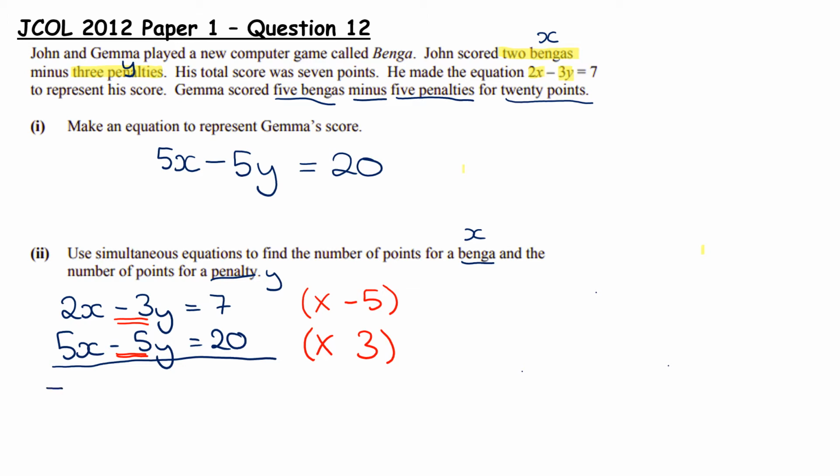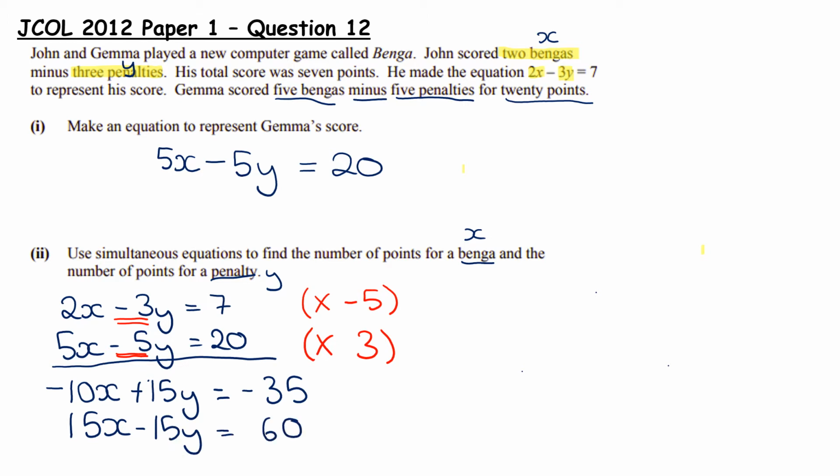So be careful with your multiplication. I get minus 10x, minus by minus is plus 15y equals minus 35. We have 15x minus 15y equals 60.